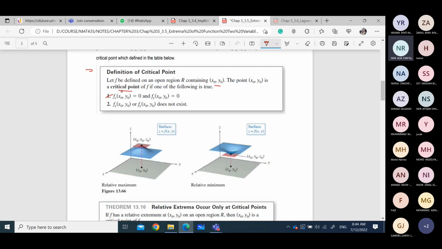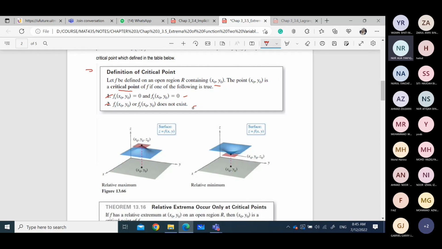First one, the derivatives with respect to x and y at the point are equal to 0. And the second characteristic is that the derivatives with respect to x and y at the point x naught, y naught do not exist. So this is the definition, or characteristics, of a critical point.